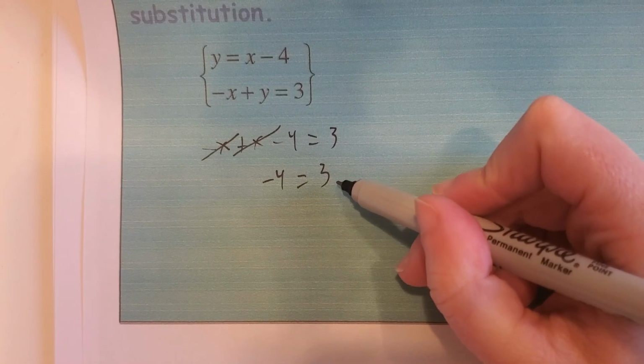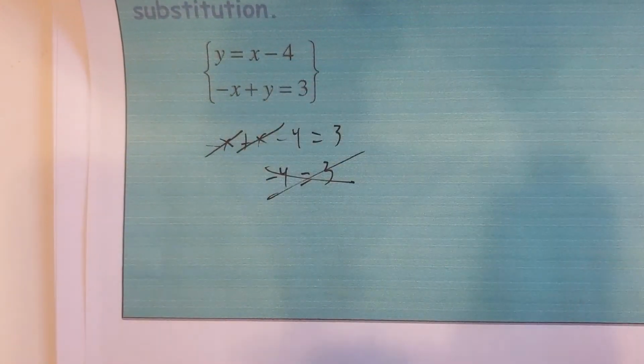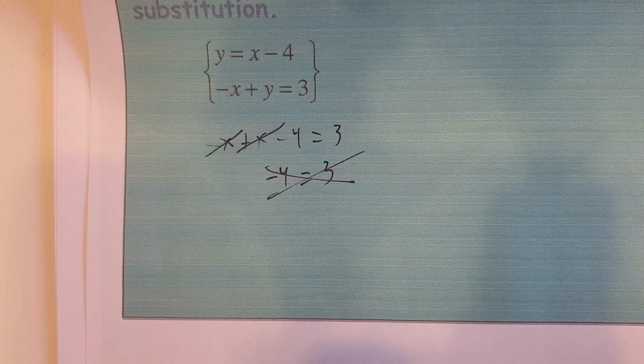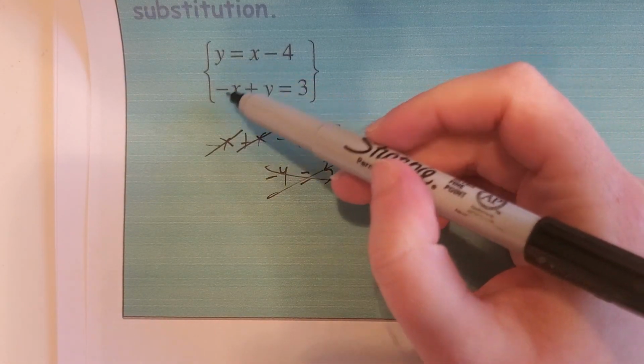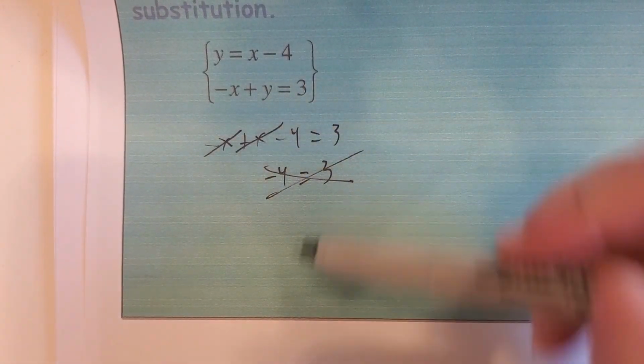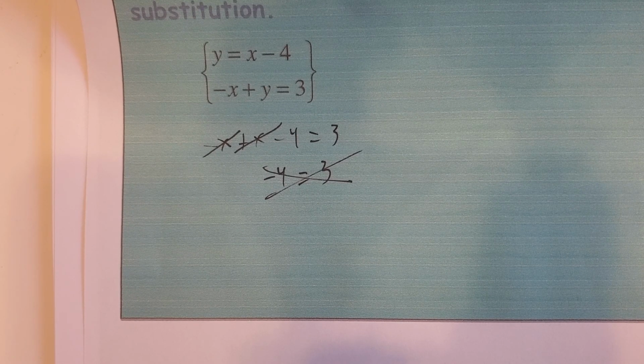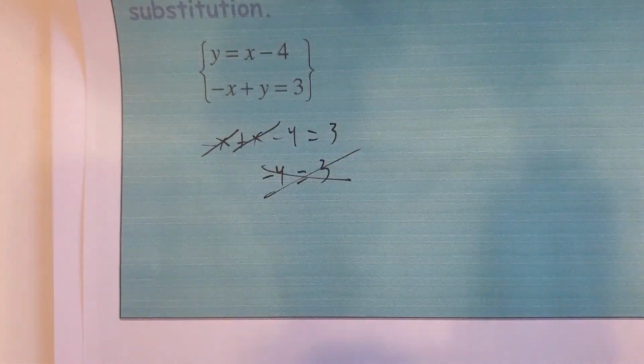When is negative 4 equal to 3? Never. So if this is never true, there are no x values or y values. There's no combination of numbers that would make both of these equations true. Because that's what we're doing when we're solving these systems. We're finding that one pair of x value and y value to make both equations true.